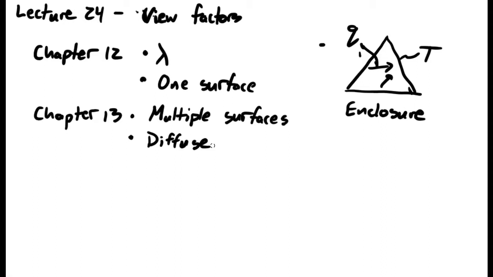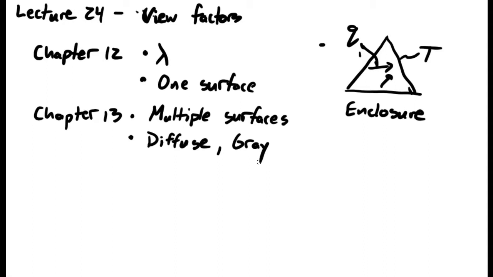So it's emitting the same in all directions. We're also going to say that our surfaces are gray. So in class, I went over a pretty long example of what it means to be gray again, because I really think that's useful. However, I'm not going to cover that in this lecture.